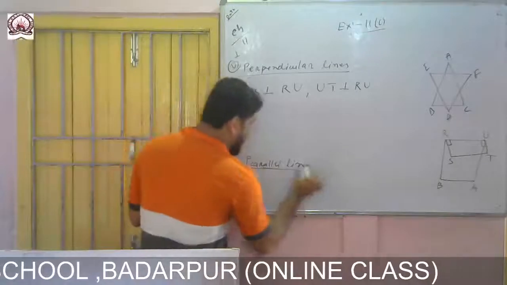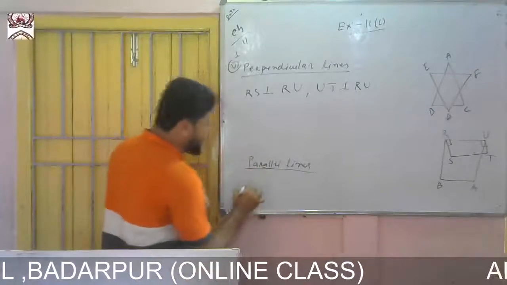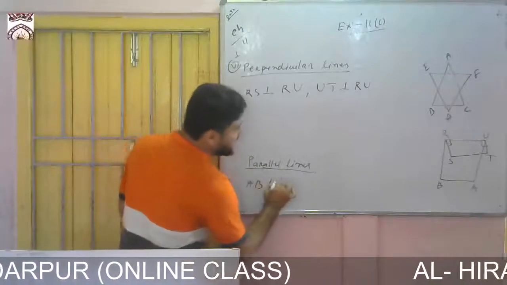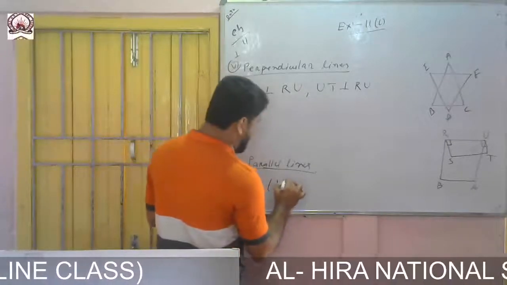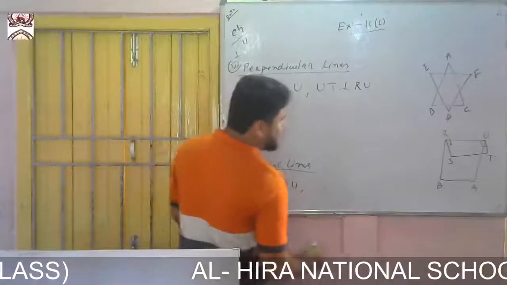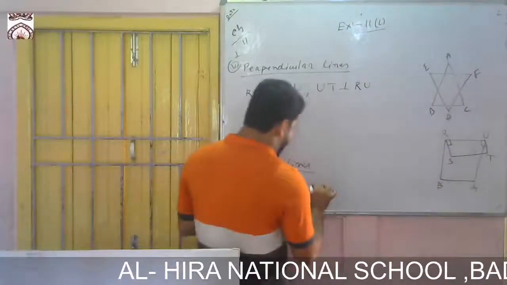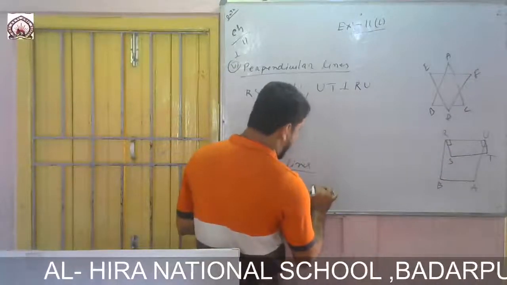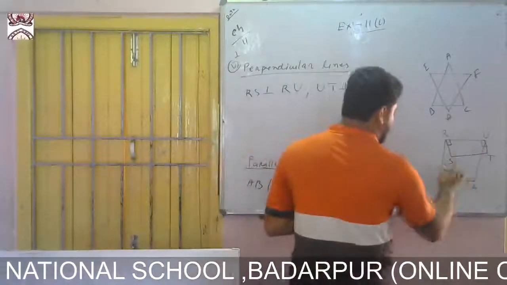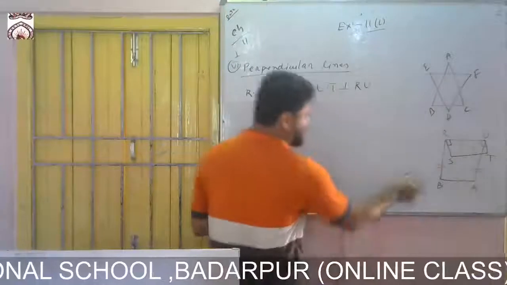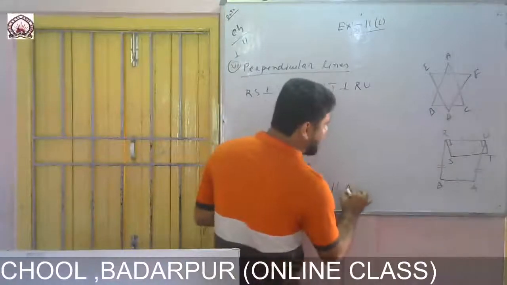Now parallel lines. So AB parallel to what? AB parallel to RU, comma, RB or BR parallel to this one. So this one parallel to this one. So BR parallel to what?